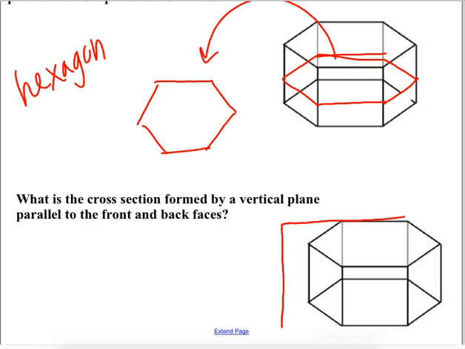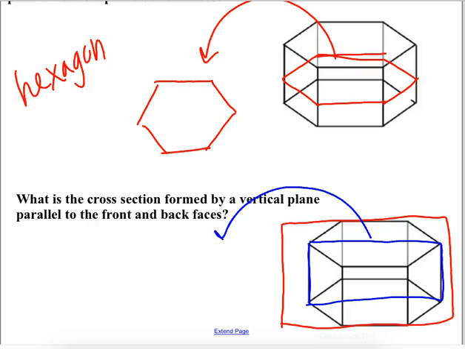Kind of think of it like holding a paper the hot dog way. So now if I'm cutting this in half, what shape will I result in? Well, you're going to end up with just a rectangle again.